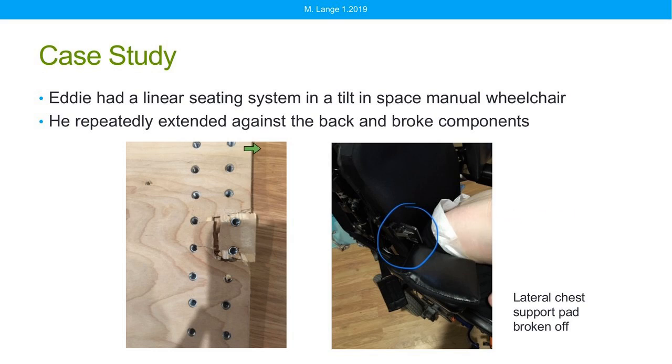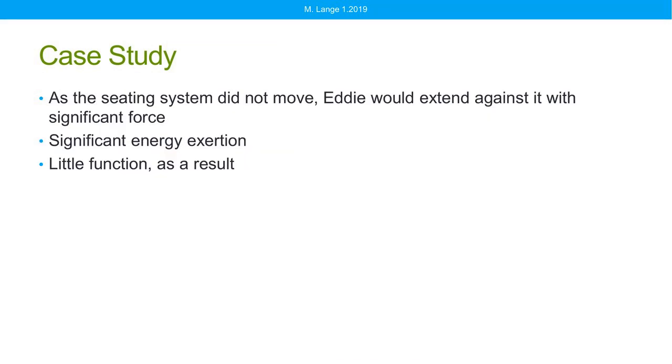He tends to lean way forward and then throw himself back, and he has broken this base underneath the laterals. He's broken laterals off. He's bruised himself on these components. So he's injuring himself, and he is breaking the seating system.